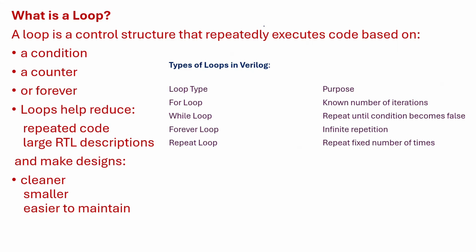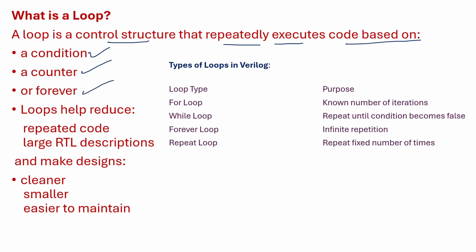What is the use of the for loop? I told you, if you want to repeatedly execute one condition, then go for the for loop. A for loop is a control structure that repeatedly executes code based on your condition. You give some condition and some repetition type, or you can use forever.